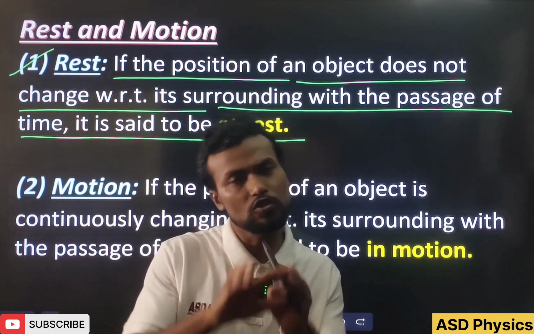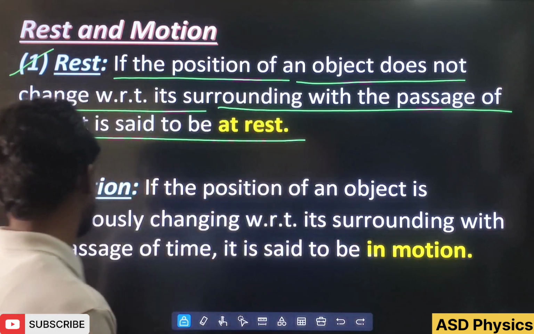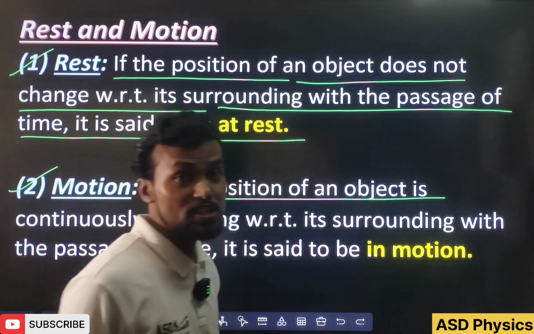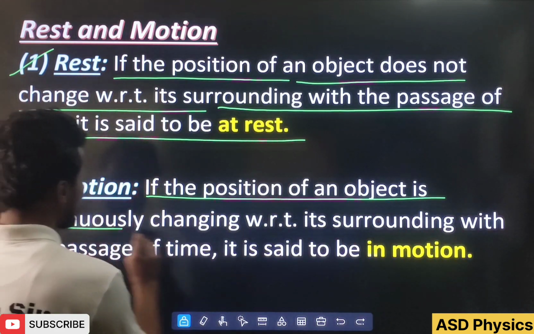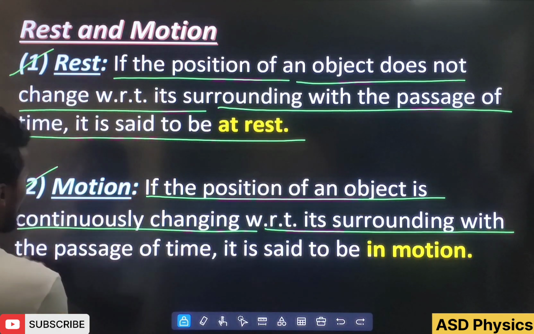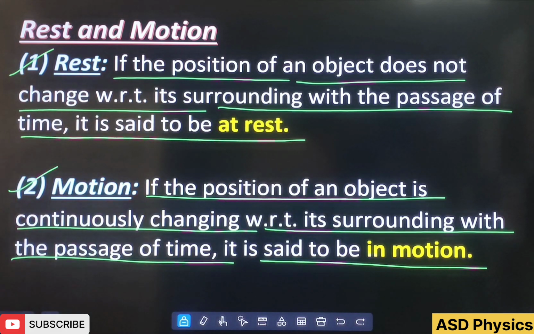That means position should not change with respect to time and with respect to the surroundings. Similarly, motion: if the position of an object is continuously changing with respect to its surroundings with the passage of time, it is said to be in motion. Just a simple basic definition, kindly remember this.